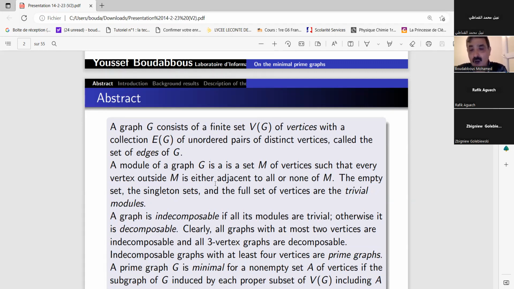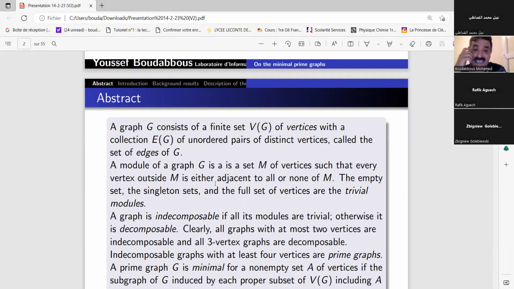If a graph has only the trivial modules, it is called an indecomposable graph. For example, any graph with at most 2 vertices, all graphs are finite here, is trivially indecomposable because any vertex subset is empty, or a singleton, or the vertex set.